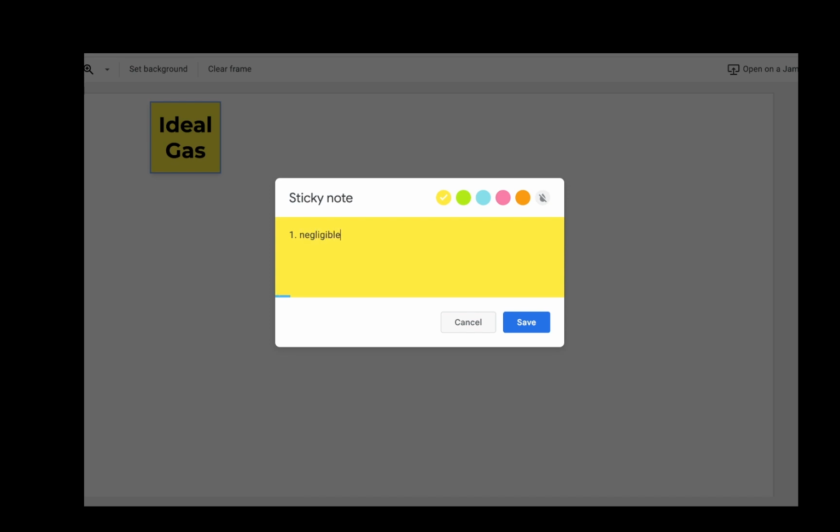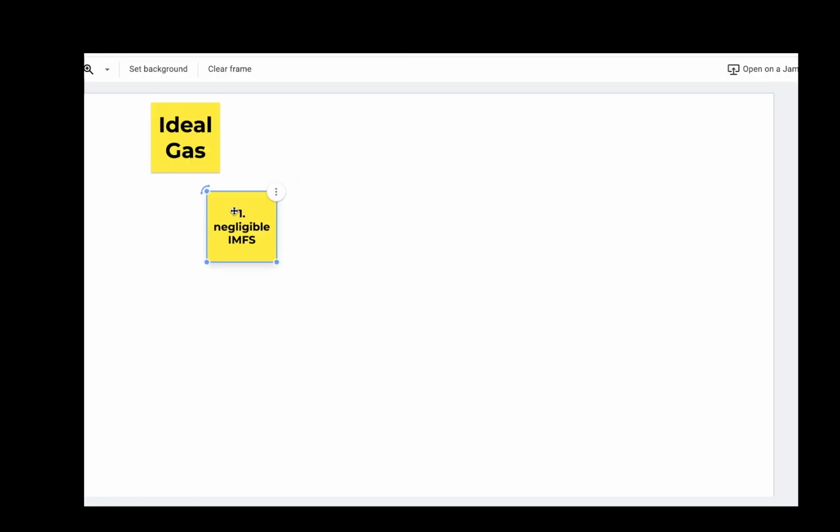What this really means is that the interactions between individual particles of the gas, the same gas, its own particles, we don't have to worry about how they interact. Now we know that they do interact, but it's negligible, and we don't have to worry about it.